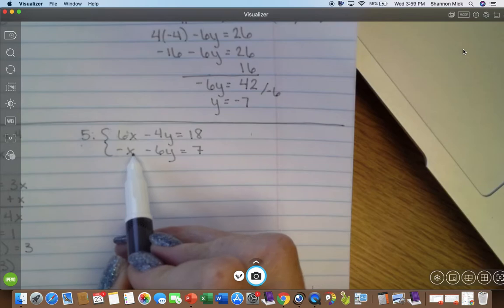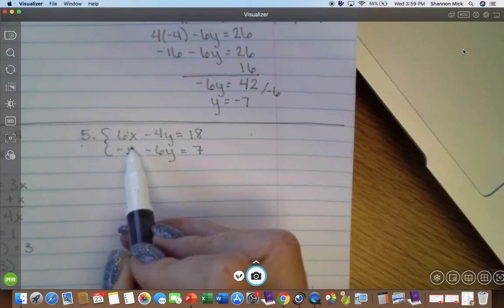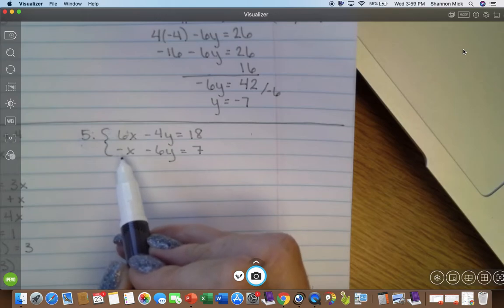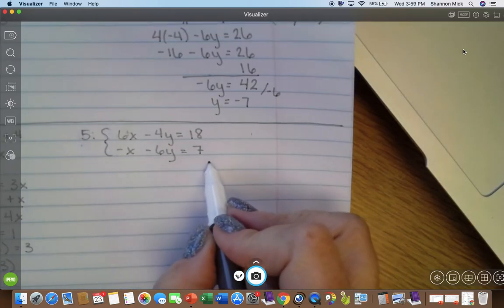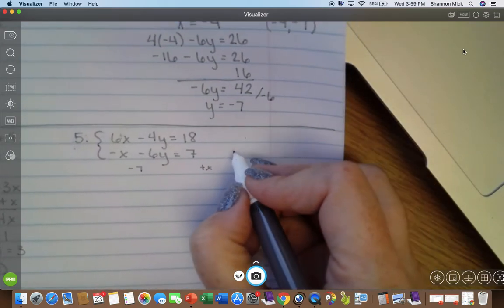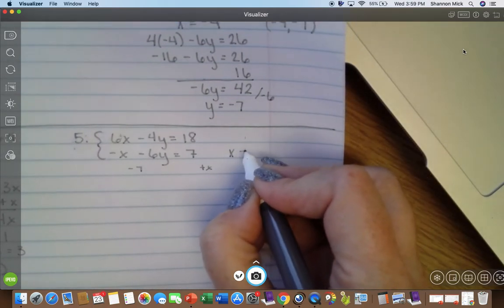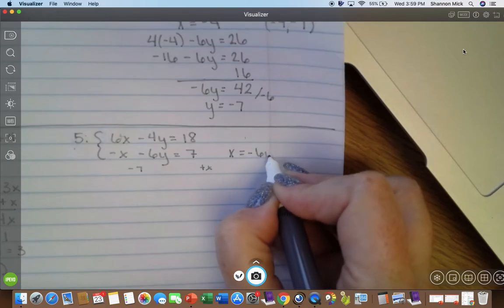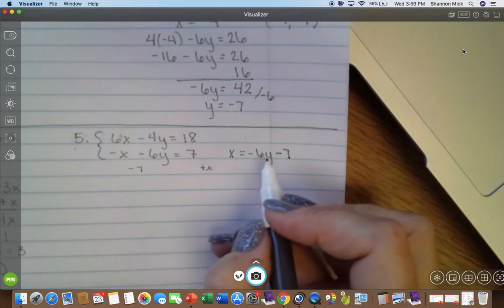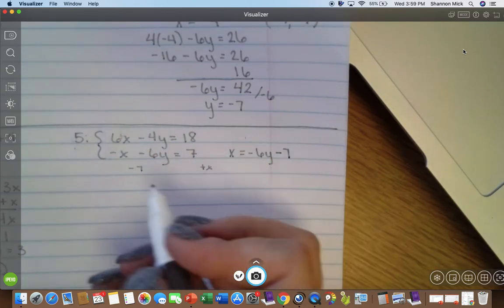On the second equation, we have negative 1 for my coefficient on my x, so solving this for x would not be very difficult. I am going to add x and subtract 7, so I'm going to get that x equals negative 6y minus 7.